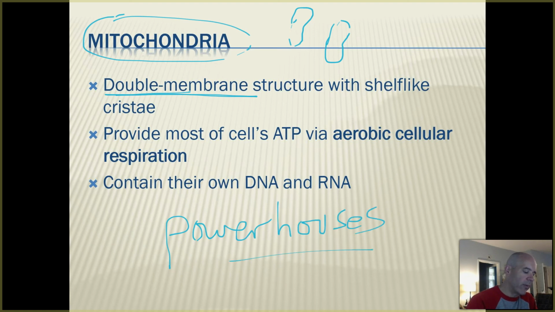of your cells. I'm going to change to a darker pen color here. There we go. Those are the locations where a cell makes most of its ATP, and there's a process for that, which we'll talk about in Unit 2, called aerobic cellular respiration.